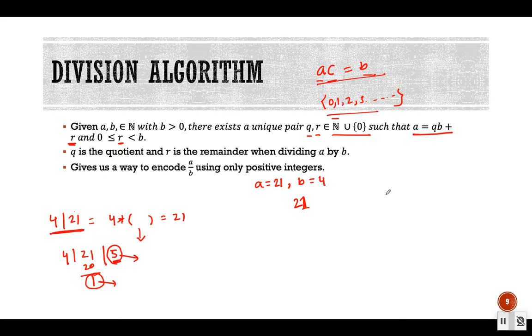How can I represent a using the formula qb plus r? I can represent 21 as 4 times some number plus some number r. This number will be my q, and this one will be my r. The value of r can be 0, but it is going to be between 0 and the divisor.